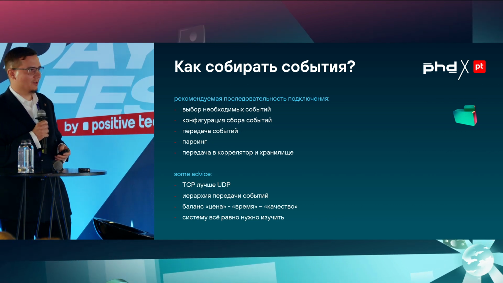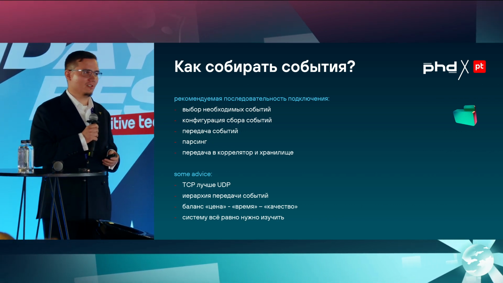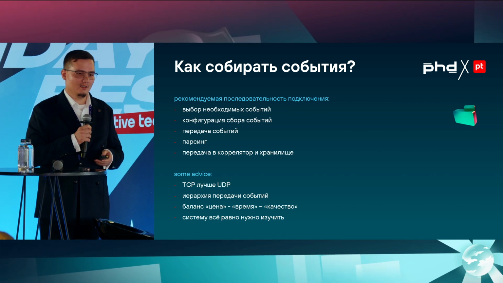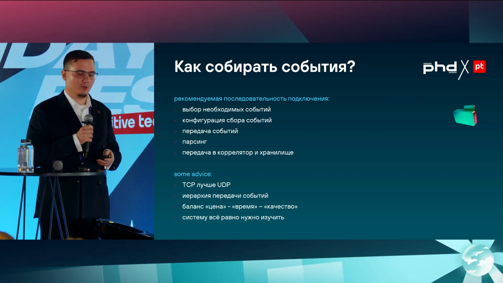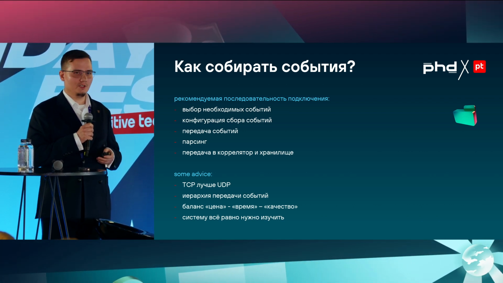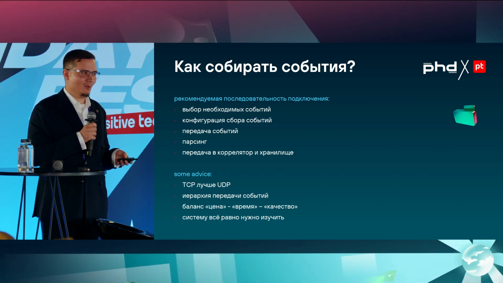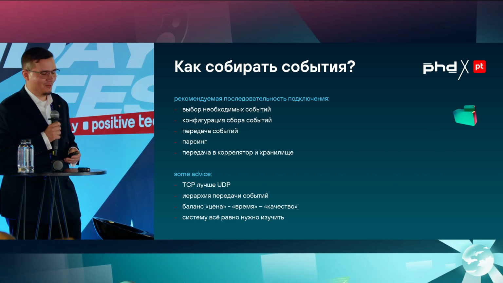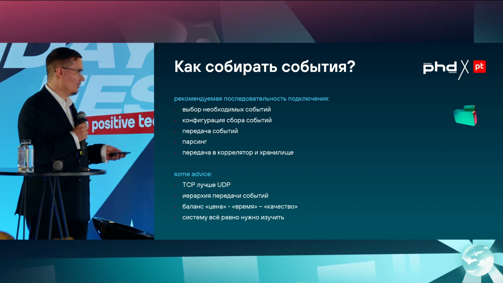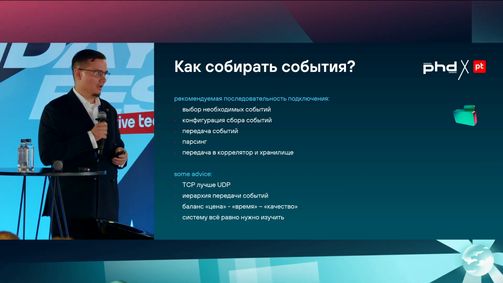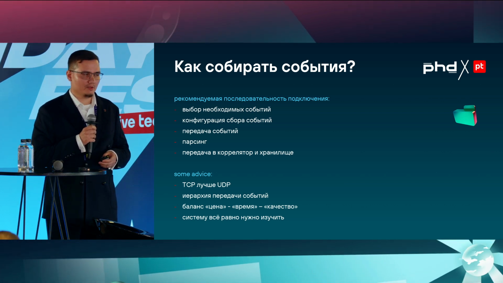Now, a couple of tips. Why TCP is better than UDP in this case? Because you're going to stitch together several events, and if you use UDP, this stitching just will not work. And of course, if you have TCP with guaranteed transfer, you get the events hierarchy.